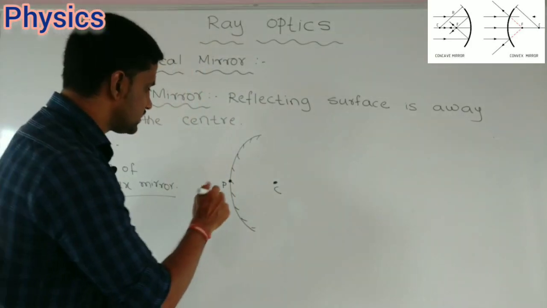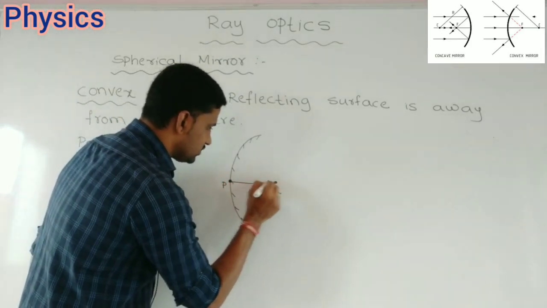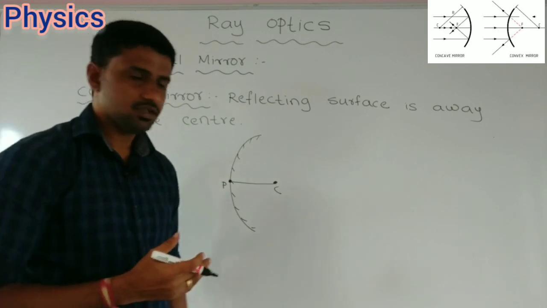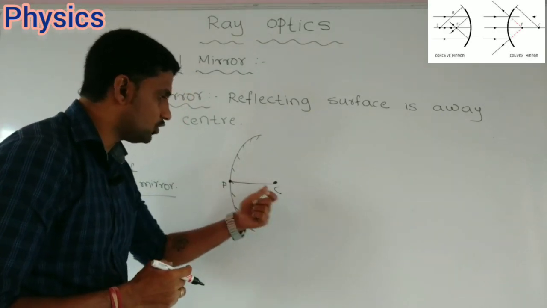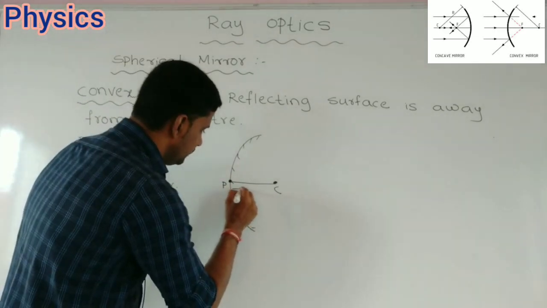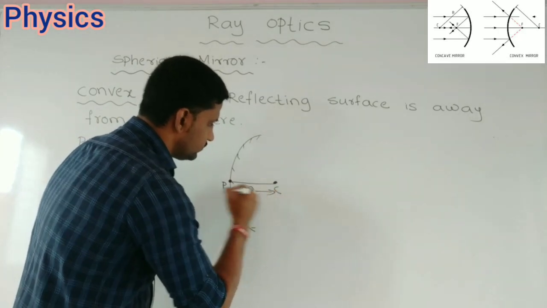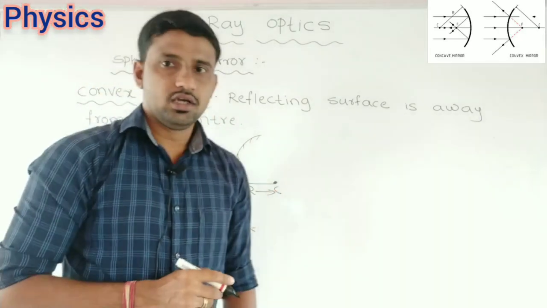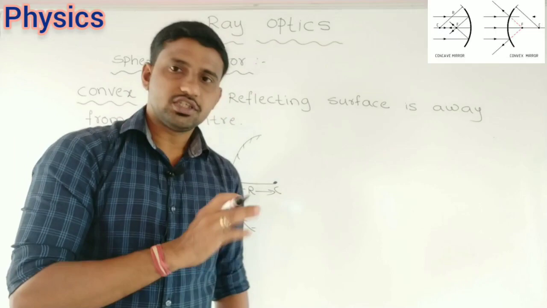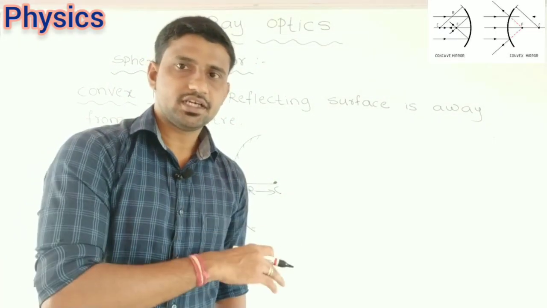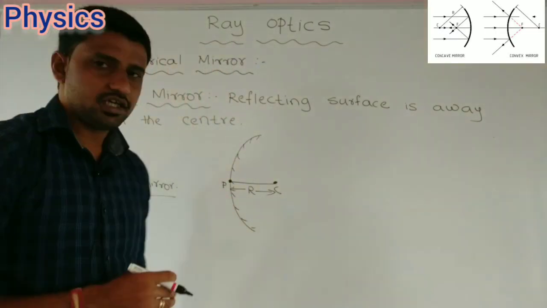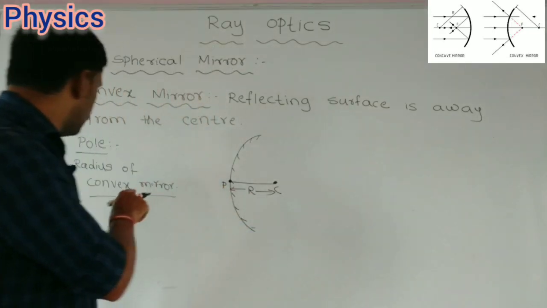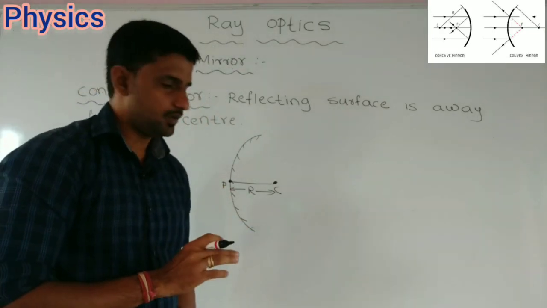That is called the radius of the convex mirror. This term is also used in the concave mirror. Same as that, here also we are using the term radius of a convex mirror.